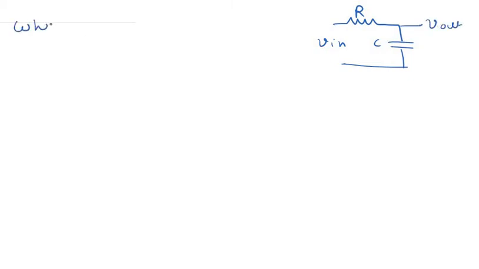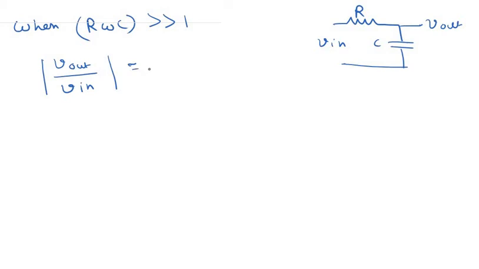So when R omega C is much greater than 1, then in the denominator this R omega C actually dominates over this term 1, and so this V out divided by V in is actually approximately equal to 1 divided by R omega C. Now since this R omega C is again much greater than 1, we can write that 1 by R omega C is much less than 1.